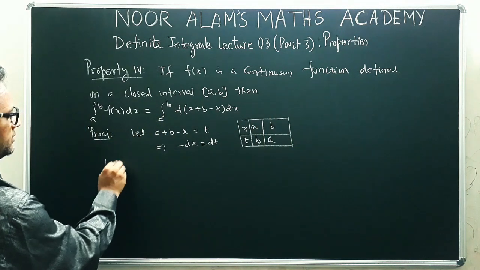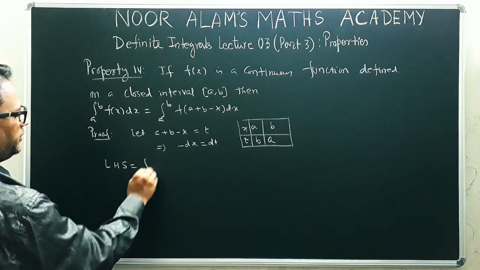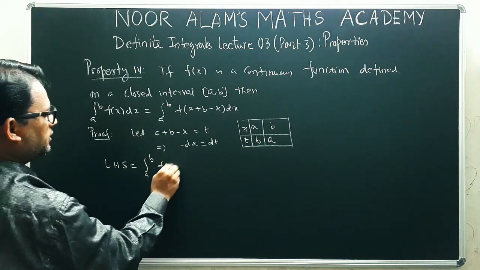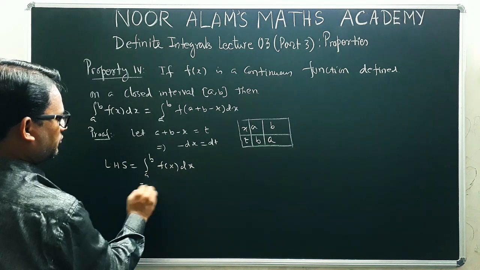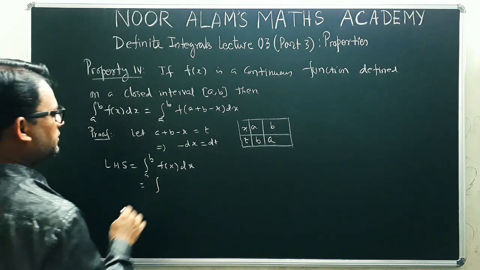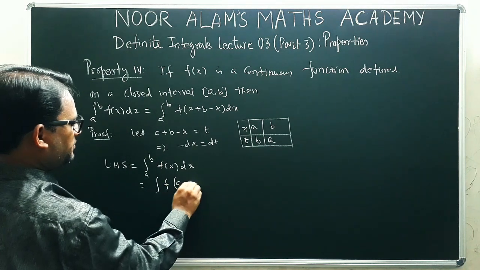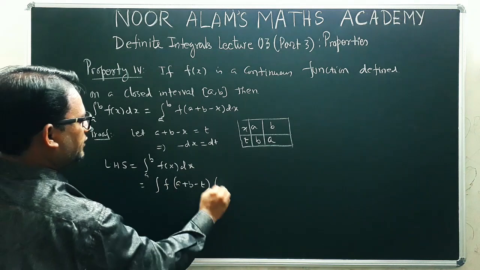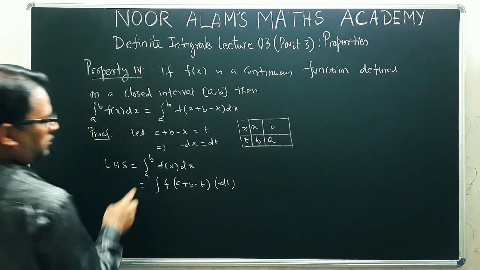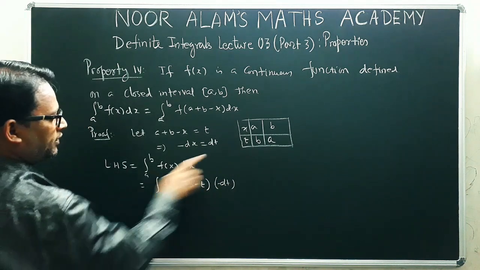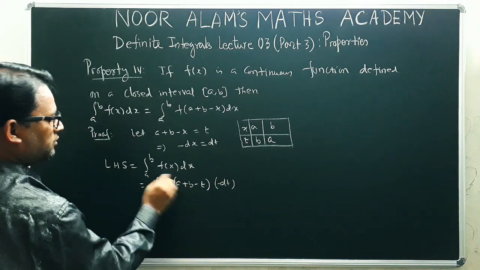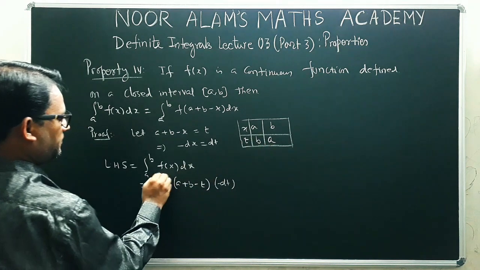So now the LHS is equal to the integration from a to b of f(x) dx. Now we use the substitution. From here we can find x as a + b - t, and dx will be minus dt. Now change the limits. The lower limit changes to b, so t ranges from b to a.